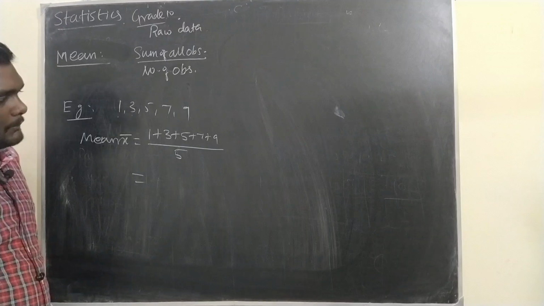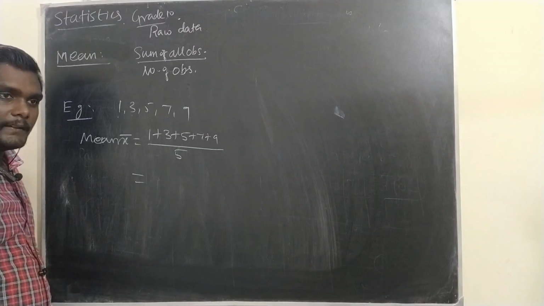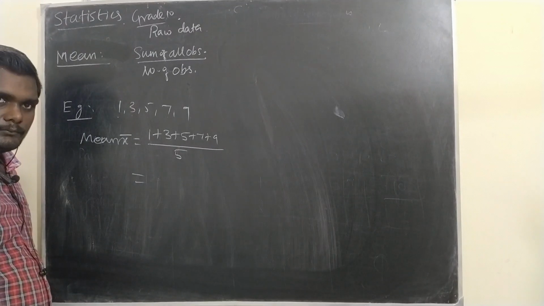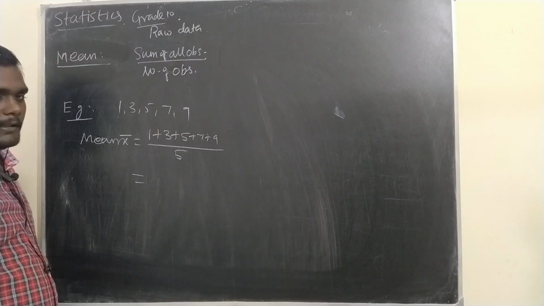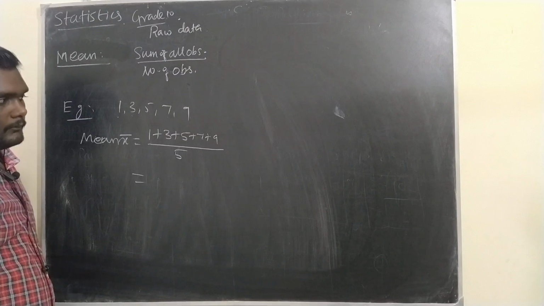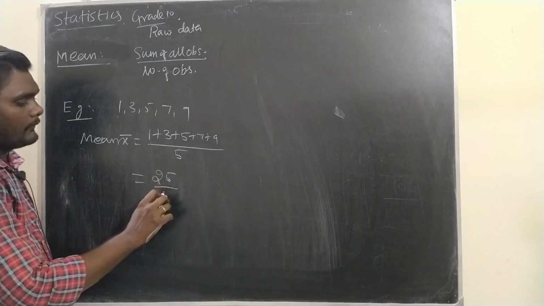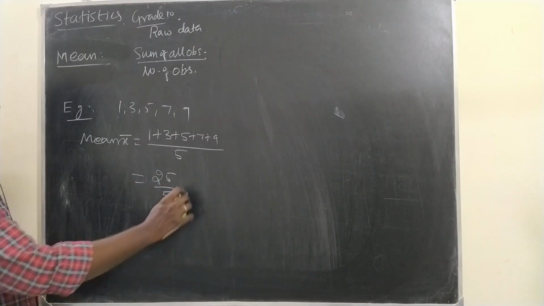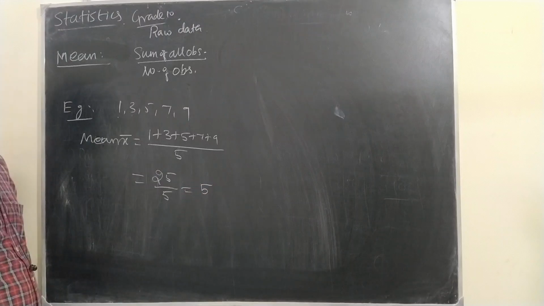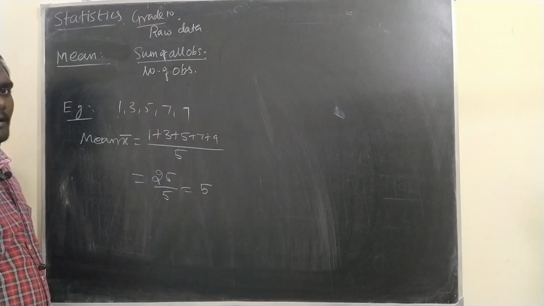What is the sum of all these numbers? 26. Is it 26 or not? Yes, 25. Good. So 25 by 5. How much is 25 by 5? 5 is the average. That is how we can calculate.